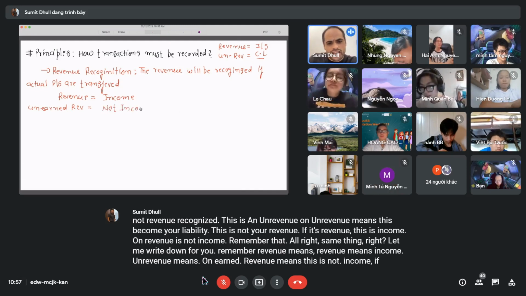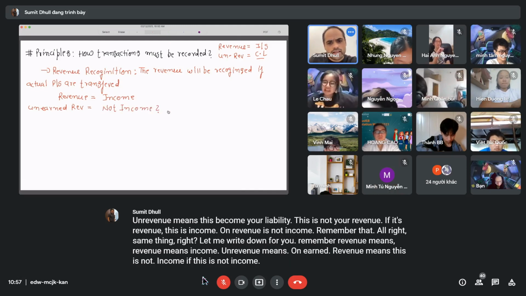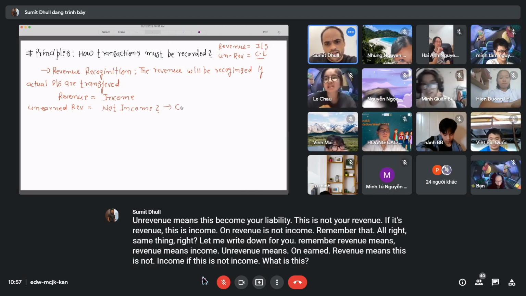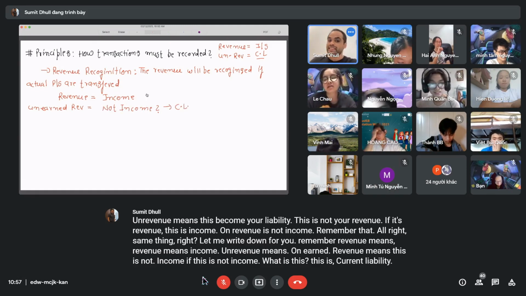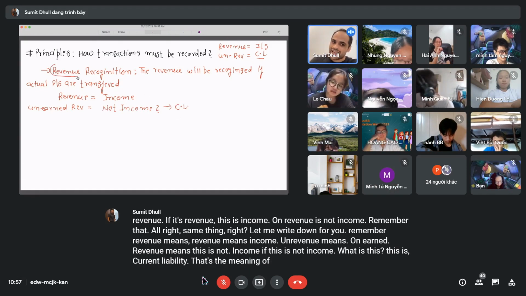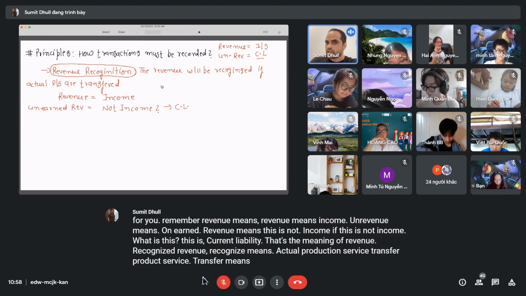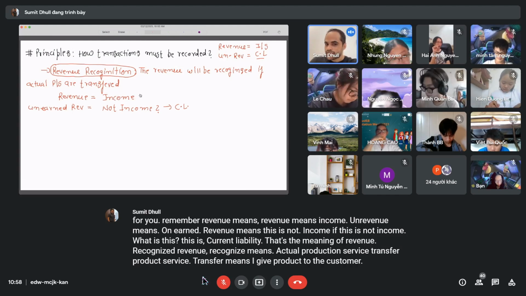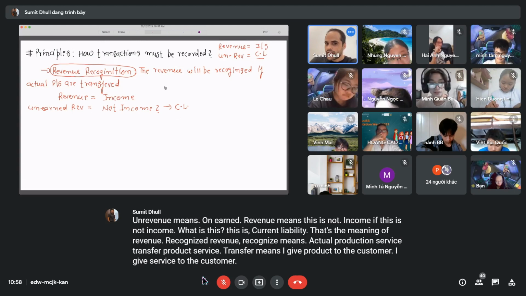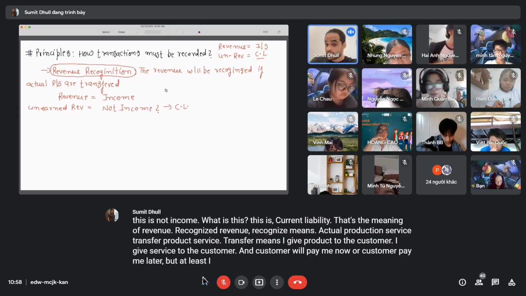If it is not income, what is it? It is a current liability. That's the meaning of revenue recognized. Revenue recognized means the actual product or service is transferred. I give the product or service to the customer, and the customer pays me now or pays me later, but at least I have given the product and service.